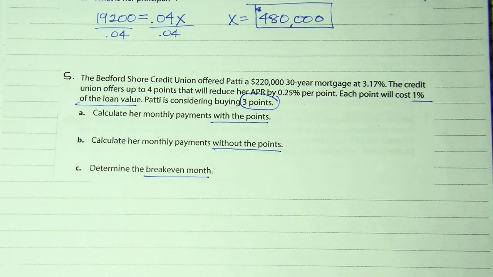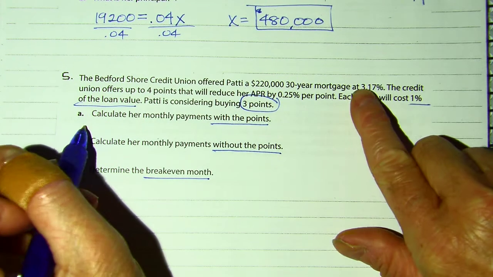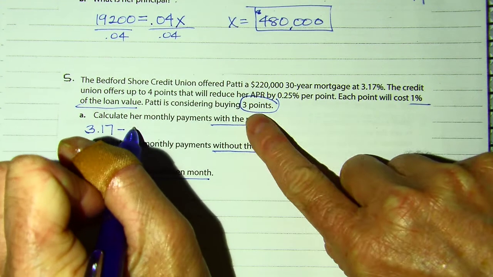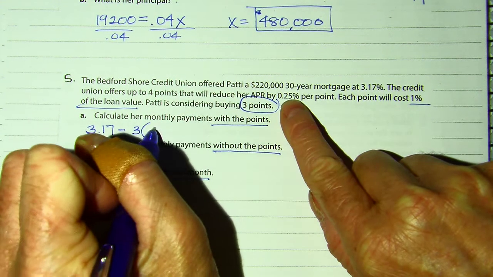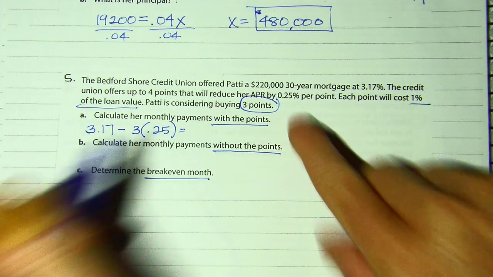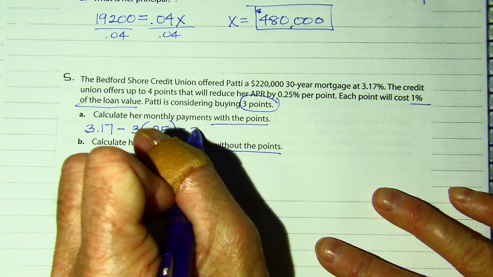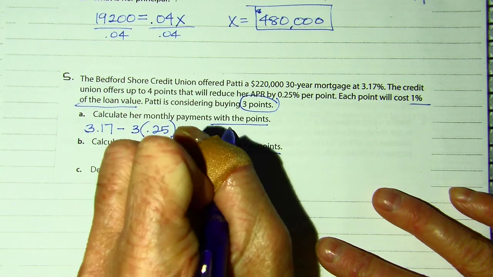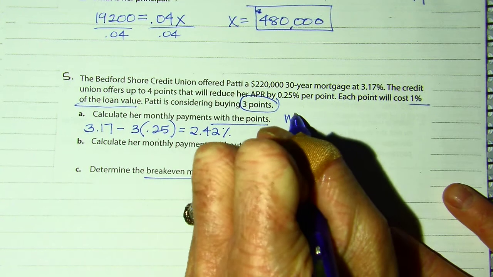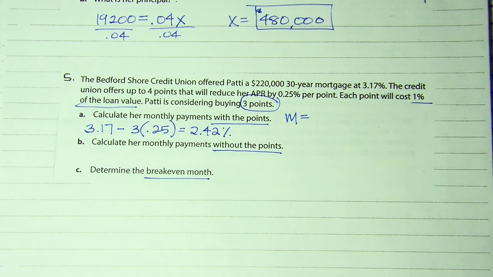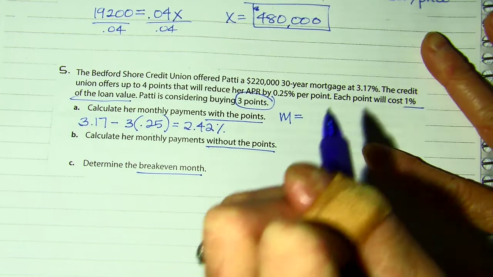So here we go. It would be her original 3.17 minus she wants to buy 3 points, each worth 0.25. And so if I enter that, I get an interest rate of 2.42%. So I'm going to calculate her monthly payment. It's the same formula as above. And so I'm going to enter the formula.